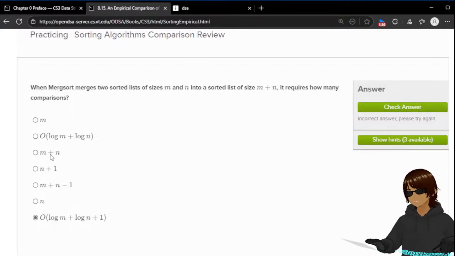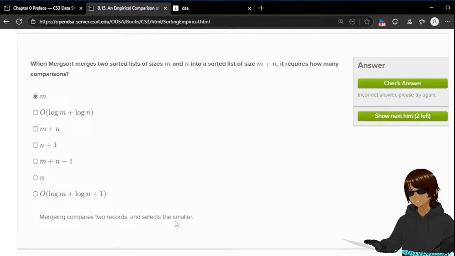Wait. This, right? Wait. N. Show me hint. Two records, select the smaller. Two sorted lists of sizes m and n. It requires how many comparisons?